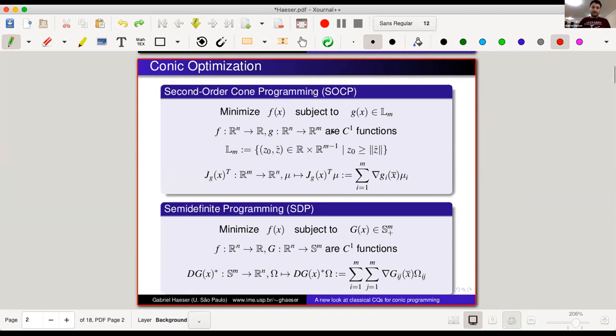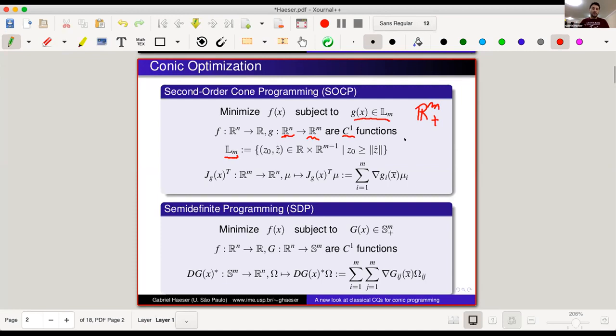So here you have a constraint function G from R^n to R^m. These are all smooth problems, C1 functions. And the constraint, instead of G belonging to R^m_+, which would be the standard nonlinear programming problem, we replace it by the inclusion in the second order cone.